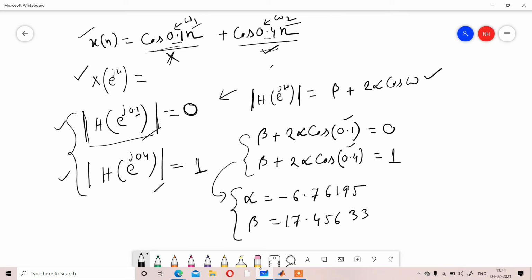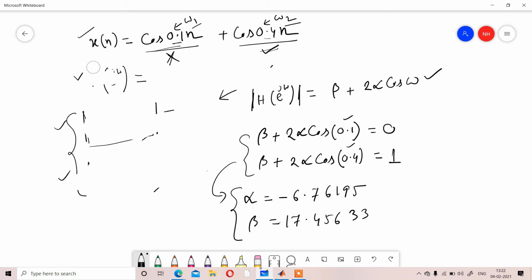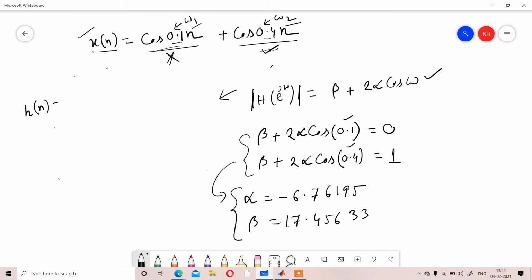Meaning that if you have x[n], and your aim is to remove one part and keep the other part, then to fulfill your aim you need to choose h[n] as alpha, beta, alpha, where the alpha and beta values are those.